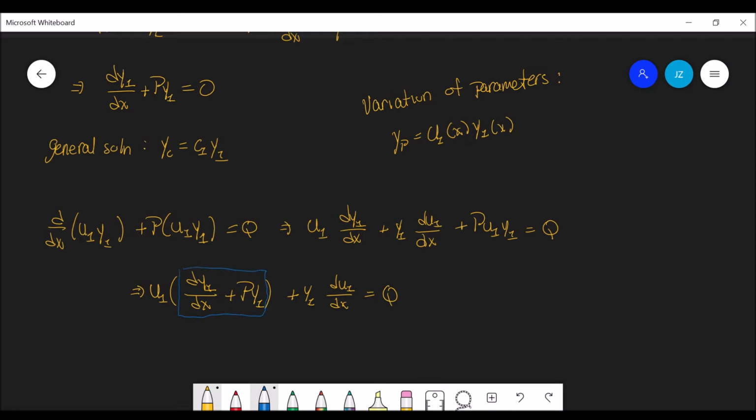This right here, though, is equal to 0. That's right up here, because y1 is a solution to the homogeneous linear differential equation. So we're left with y1 du1/dx has to equal q, which means that du1/dx is q over y1.